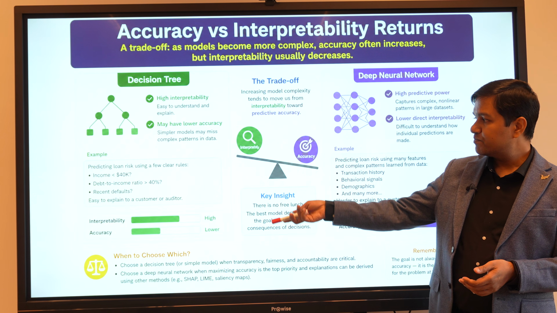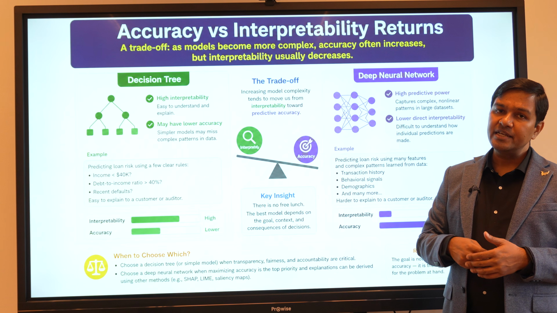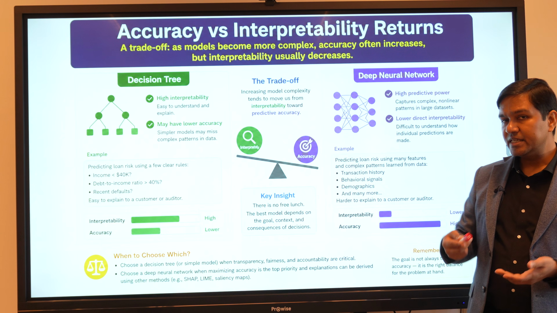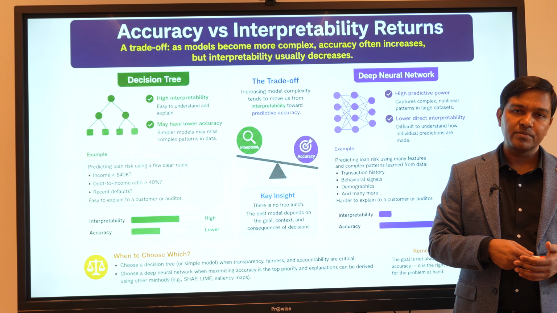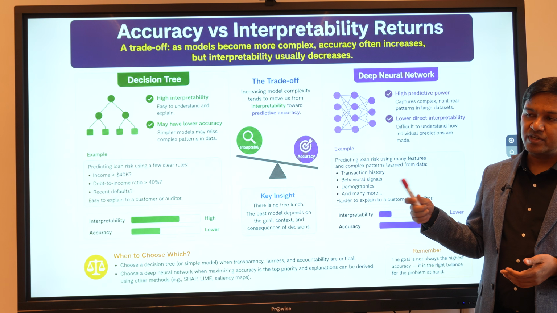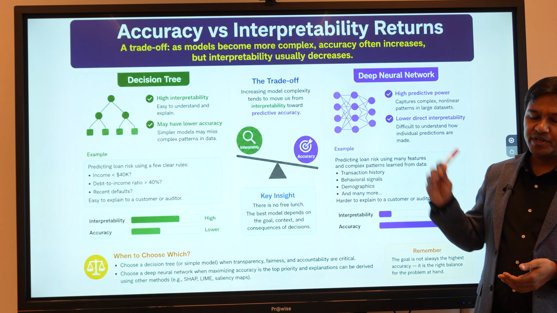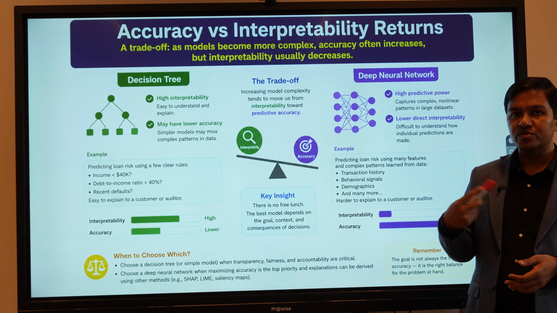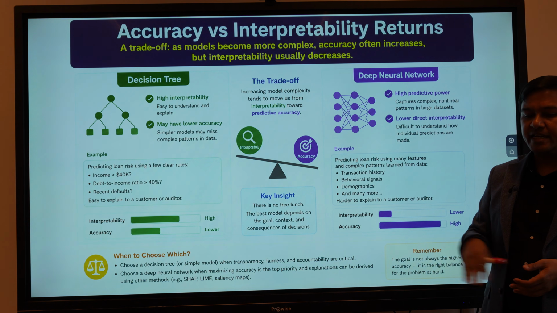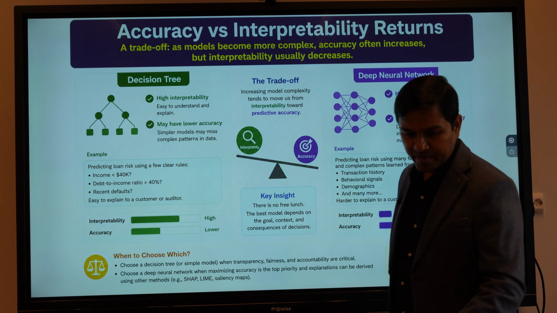So a decision tree is inherently designed to be interpretable, while deep learning is not. It is designed to be more accurate, but to make it more interpretable, to add fairness and transparency, external techniques can be used.